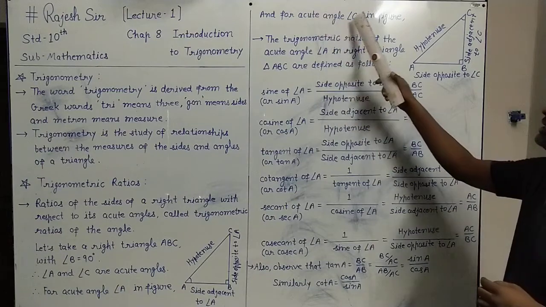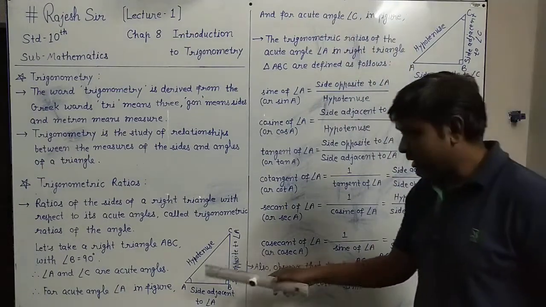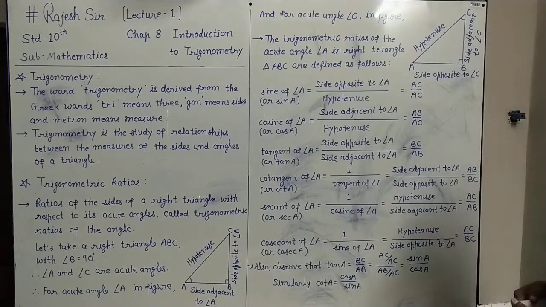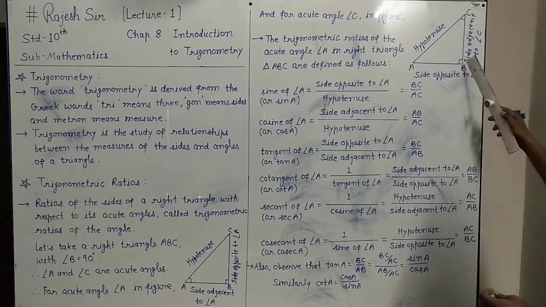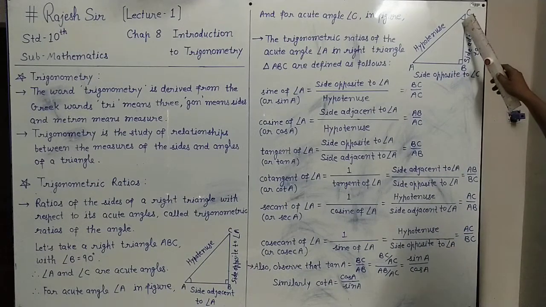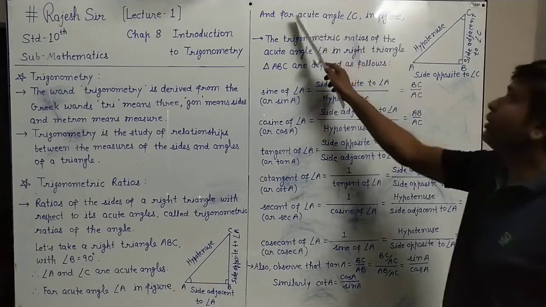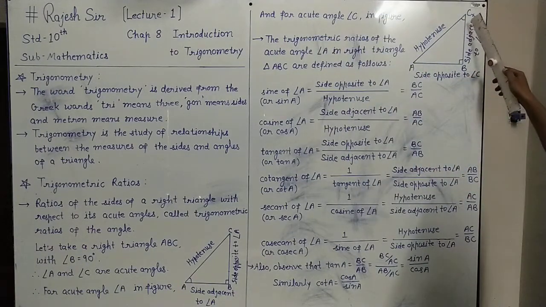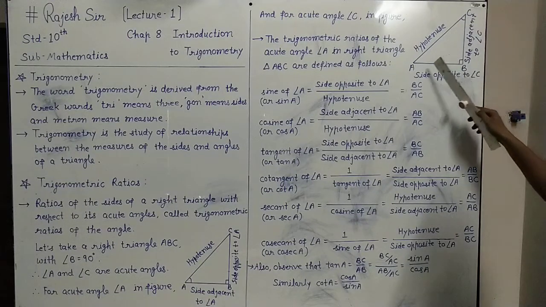And for the acute angle C, if you consider the next acute angle C, we have drawn that figure also. Again, triangle ABC, in which angle B is 90 degrees, a right triangle is drawn. Now we are considering acute angle C. For acute angle C, its opposite side will be AB.